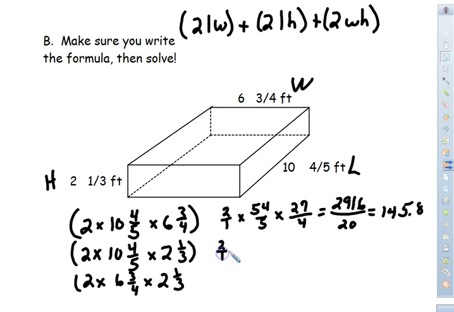This one would be 2/1 times 54/5 times 3 times 2 is 6 plus 1, so 7/3.